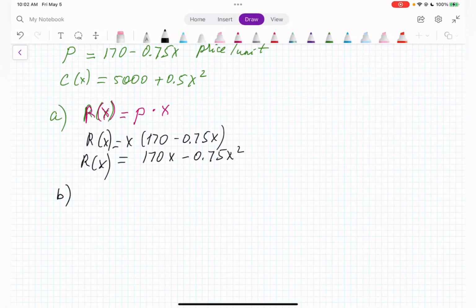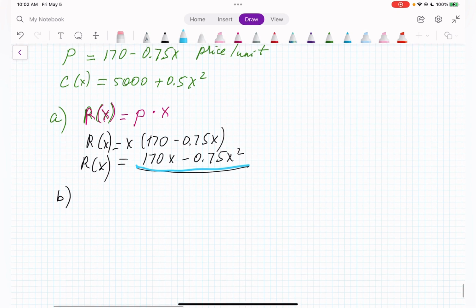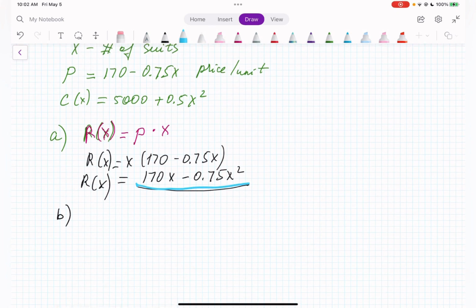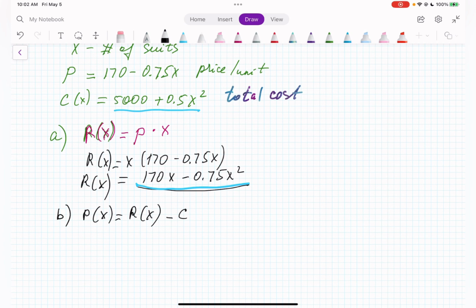If revenue is this much, and total cost is this much, then profit, P of x, is going to be equal to revenue, whatever they made, minus whatever they spent, to find pure profit, minus C of x.